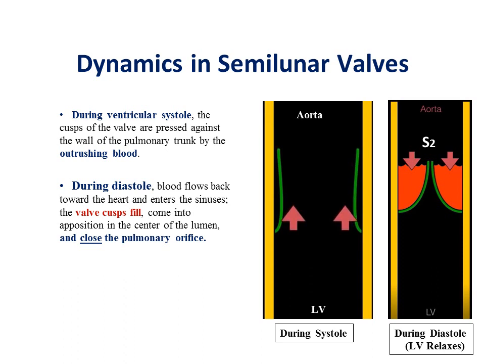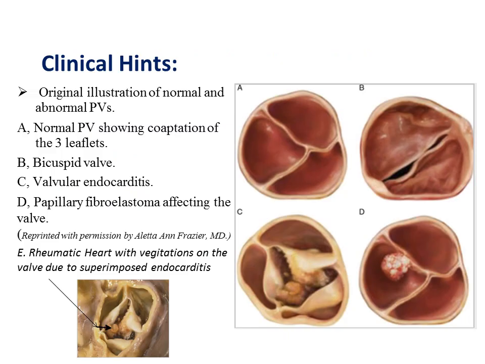But during diastole, blood flows back towards the heart and enters the sinuses from the aorta or the pulmonary trunk, and those cusps will be filled with blood, occupying a space and causing their closure. That closure causes the second heart sounds, closing the pulmonary and the aortic valves.